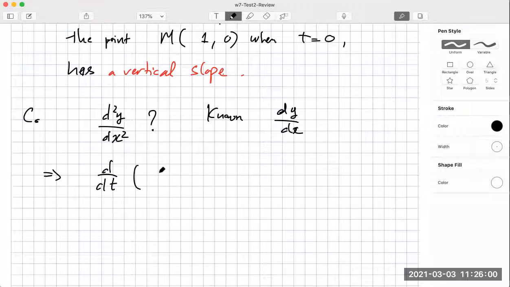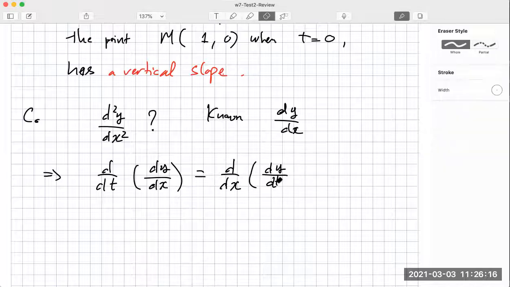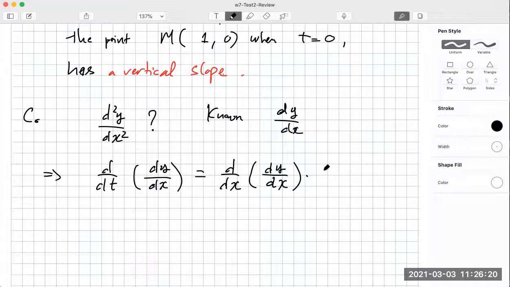D over dt of dy over dx. Okay. Again, the chain rule, it would be d over dx of dy over dx here, times dx over dt.